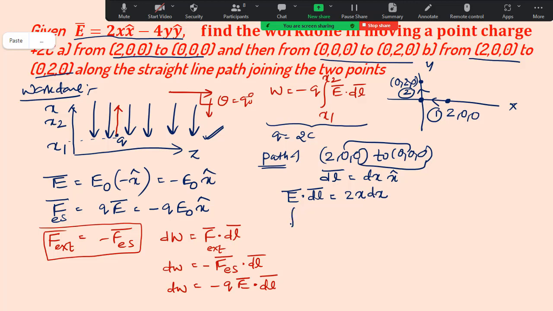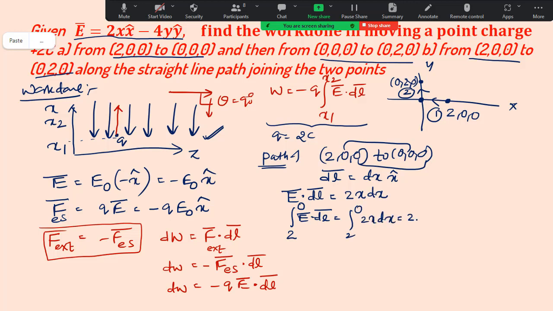Integral from where to where? You see the path: the charge is moving from x value 2 to x value 0. According to the path you have to select the limits. So the integral from 2 to 0 of E bar dot dl bar is the integral from 2 to 0 of 2x dx.